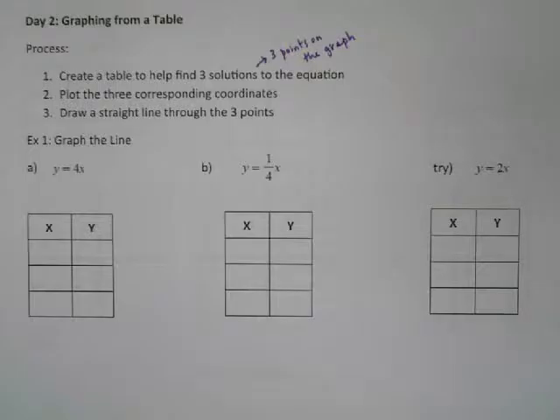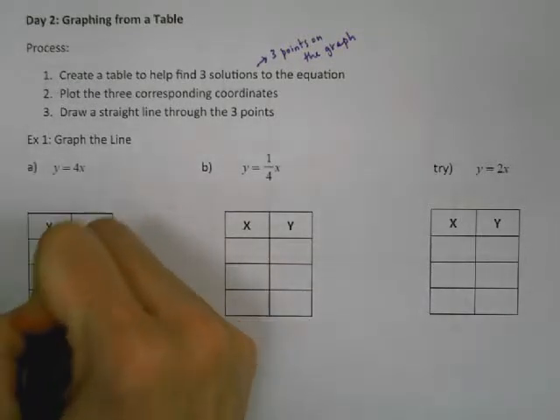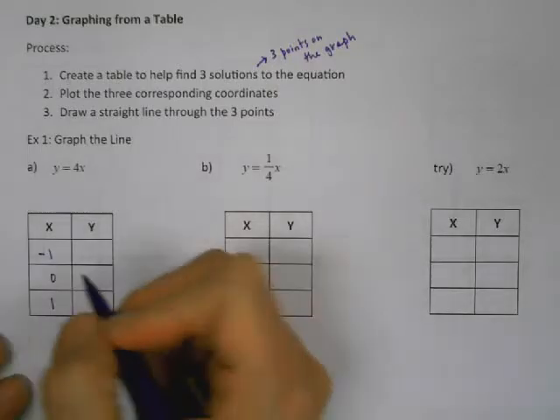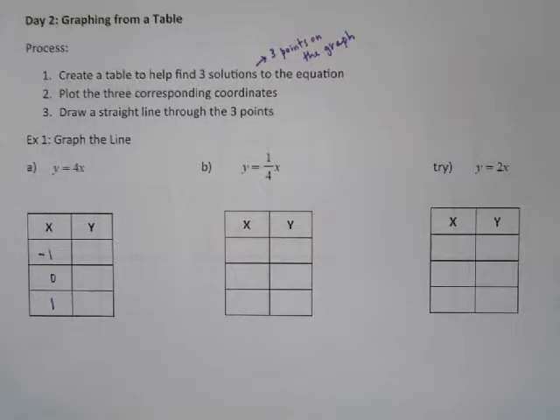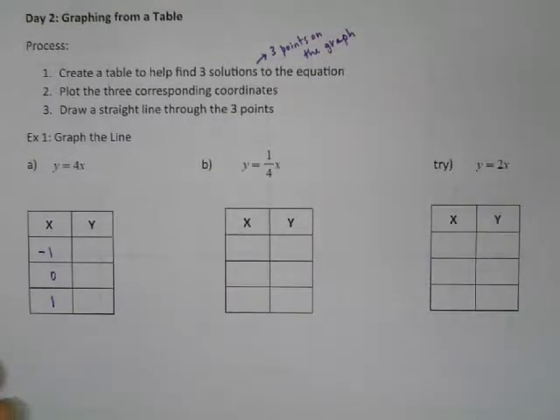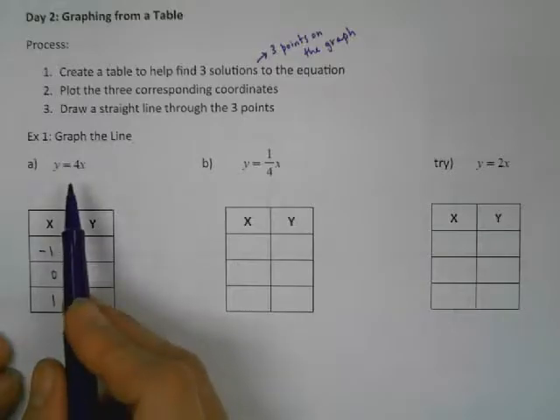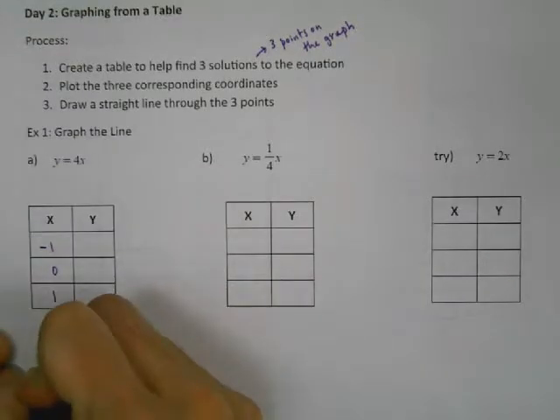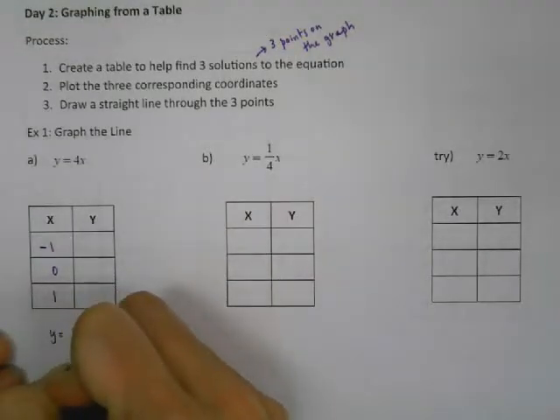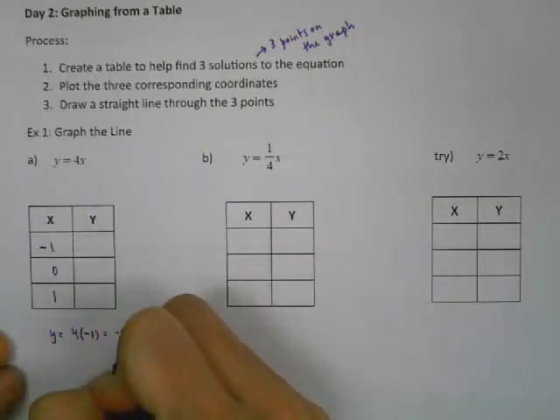Now you'll notice my table here doesn't have the x values filled in, so I can pick whatever values I want. I generally will pick -1, 0, and 1, because they're easy numbers to work with. Just like we did yesterday, if I want to find the y value that corresponds to an x of -1, I take my original equation, y equals 4x, and for x, I plug in -1.